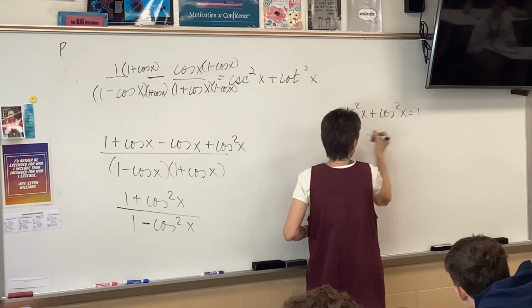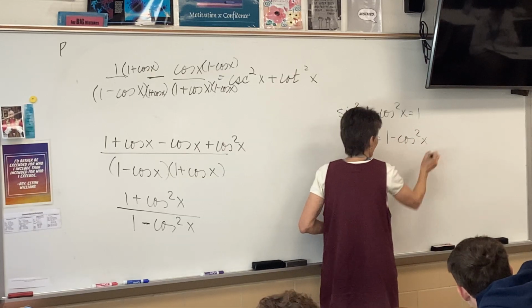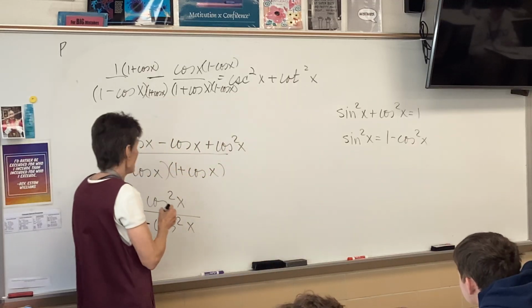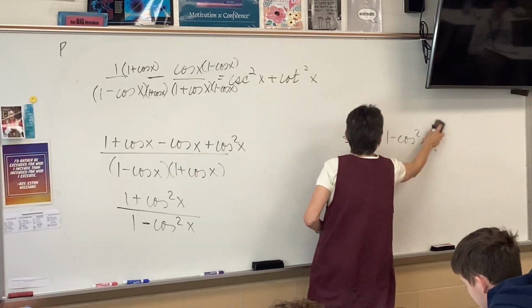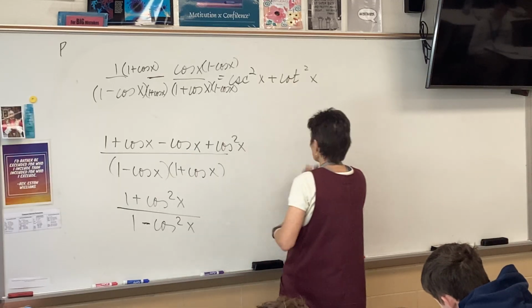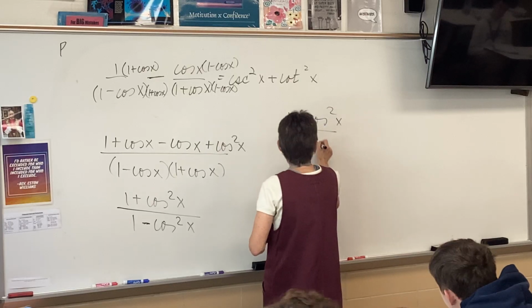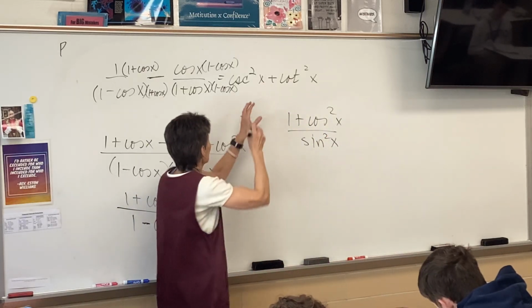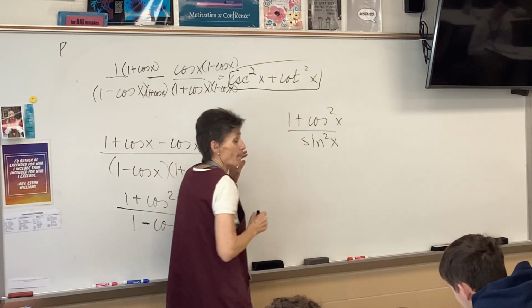If I subtract that cosine squared, doesn't it say that 1 minus cosine squared is sine squared? Yeah. So now I've got 1 plus cosine squared over sine squared. Now, this is where I'm headed. This is what I'm trying to end up with.